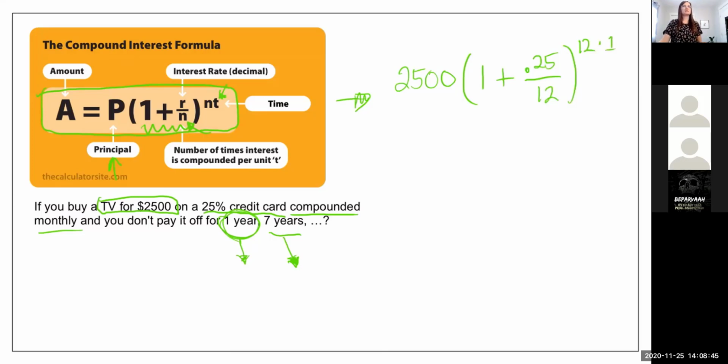Right, so you would calculate that. You have to do the inside first. You need a calculator. I don't have one handy. You're just going to have to plug it in. And obviously for 7 years, you're just going to change that. It's the same amount that you're multiplying by each month, but now it's 7 years.